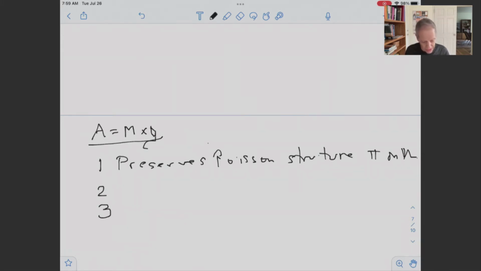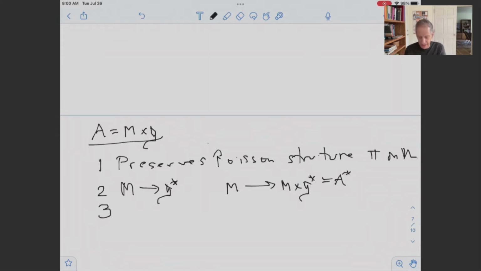Secondly, is that there's a momentum section, or well, the usual momentum map goes from M to G star, but we will think of it as a section from M to M cross G star, which is just the dual of the Lie algebroid.